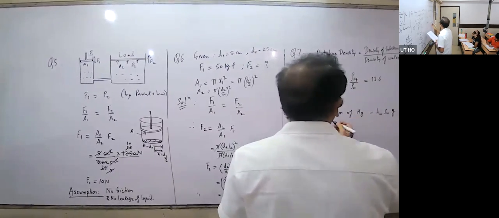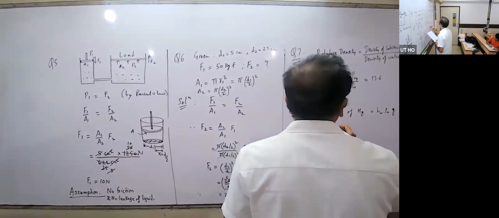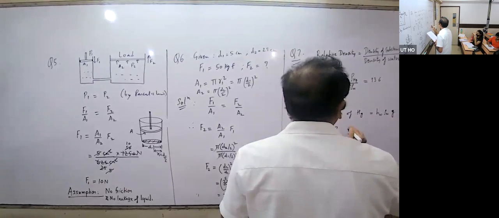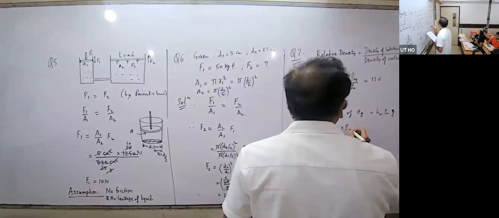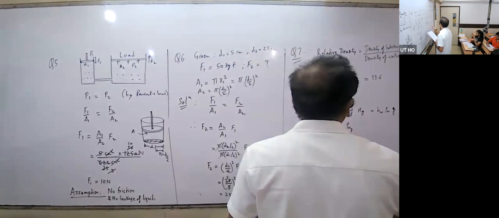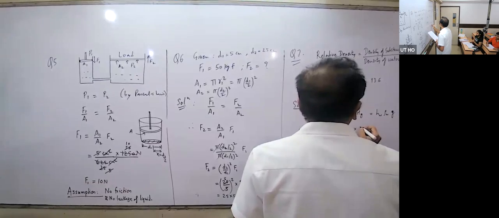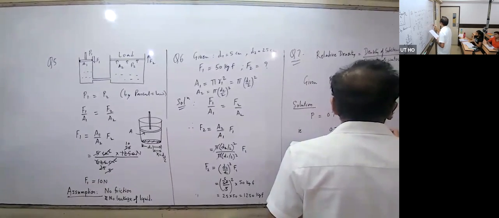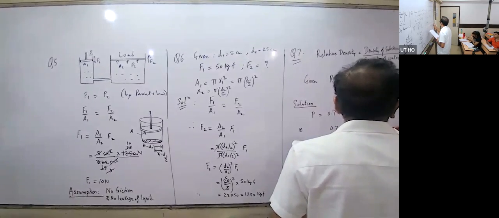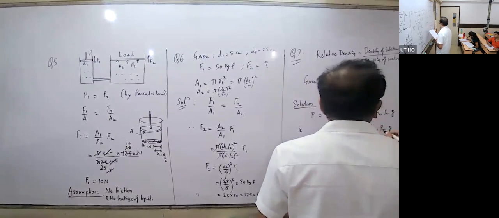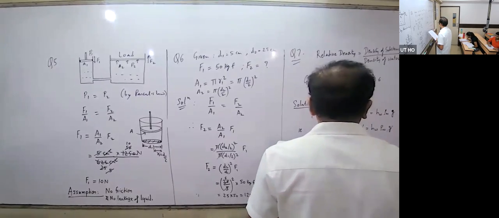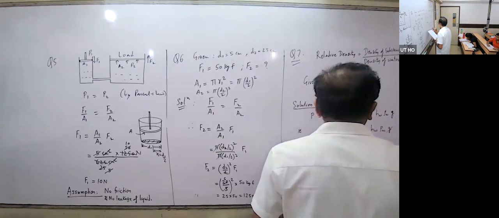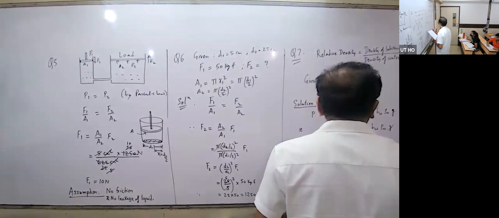So 0.7 is the height of mercury into density of mercury into g. This is equal to height of water, rho water into g. So g cancelled. Therefore, height of water is equal to 0.7 into rho mercury upon rho water.